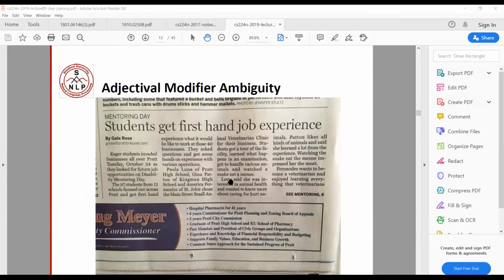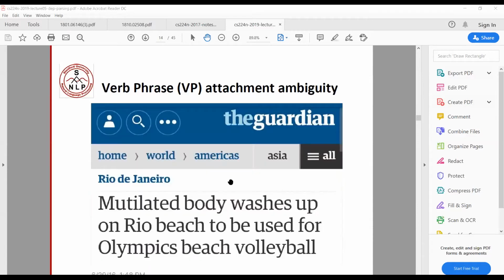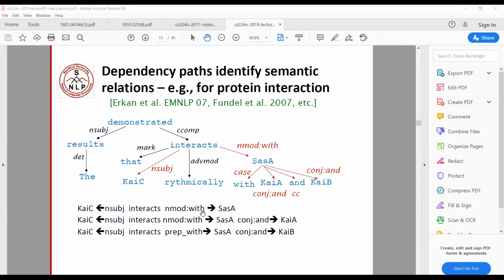And then he discusses more of these things. Okay, but now here's the nitty-gritty of it. Dependency paths identify semantic relations. Semantic always refers to meaning, the meaning of a sentence.